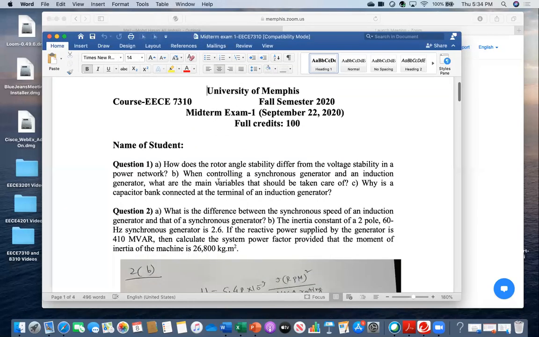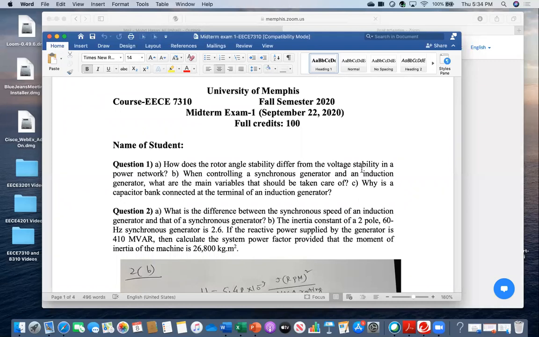Here you see that rotor angle stability basically means transient stability. You have to look at the rotor angle, speed, and frequency. On the other hand, in case of voltage stability, you have to make sure that all voltages at each and every bus are at an acceptable state.